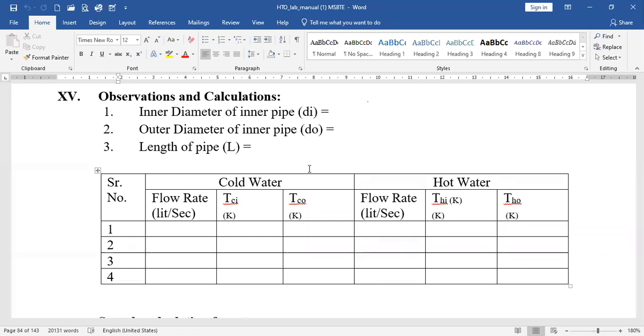Then we must note down the temperatures of cold water inlet and outlet in Kelvin. Generally, the temperatures are in degrees Celsius, so we have to convert them into Kelvin. In a similar way, the flow rates in LPS and the inlet and outlet temperatures of the hot water should be noted down.